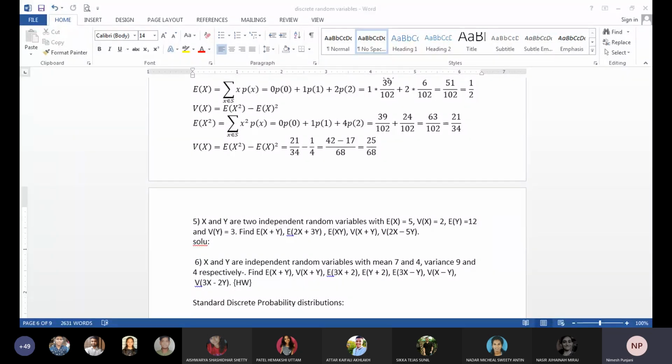The factors of 34 are 17 into 2, and the factors of 4 are 2 into 2.